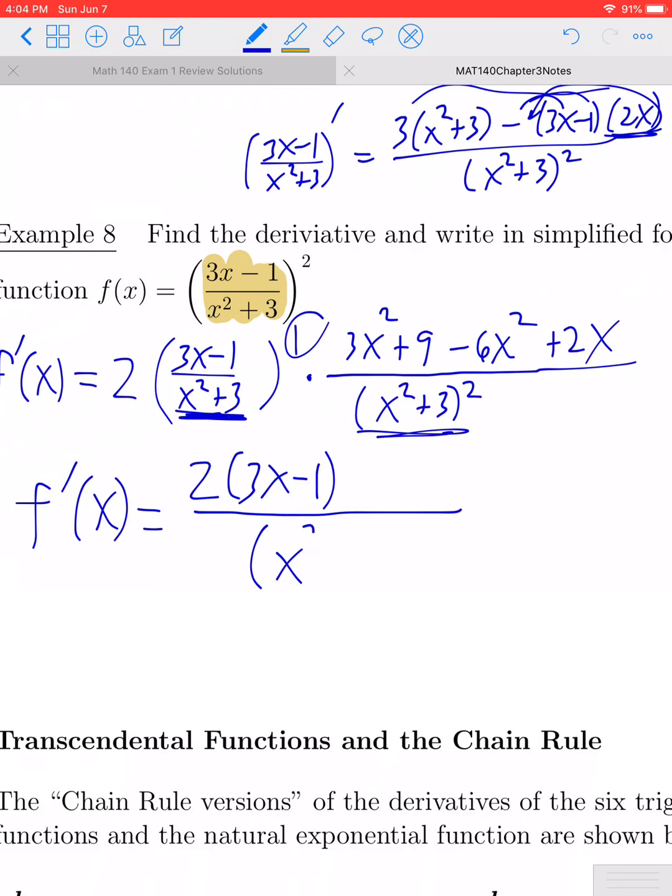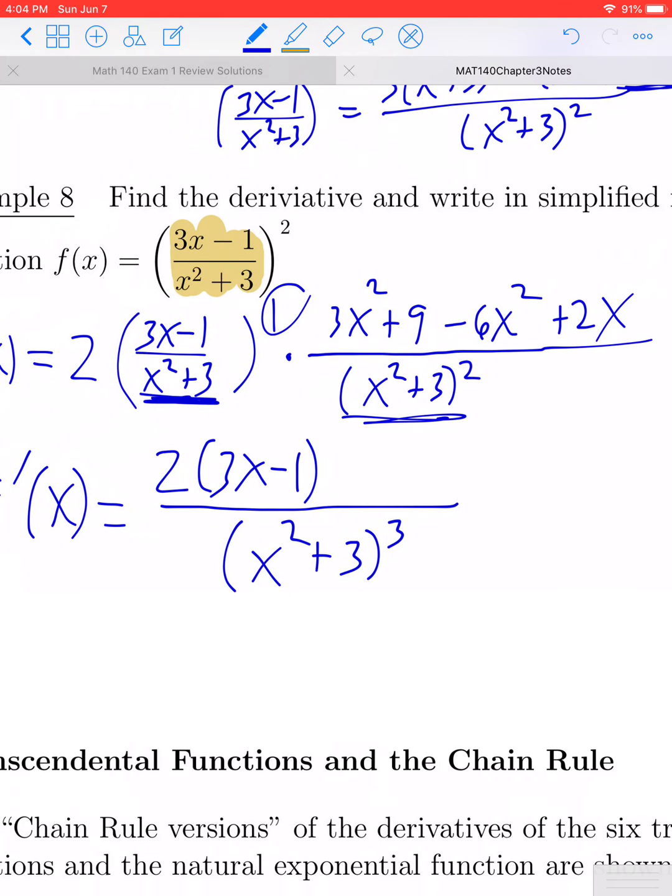All together, that's going to give us 3 powers of x squared plus 3 in the denominator. And then we have this whole thing multiplying this separate numerator. This numerator is going to end up being negative 3x squared plus 2x plus 9 after we combine our like terms.